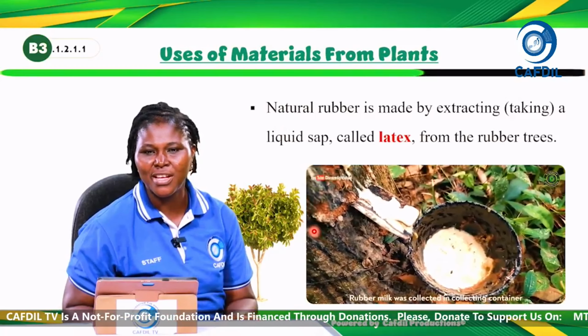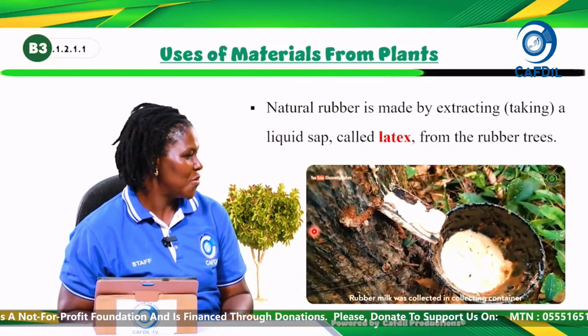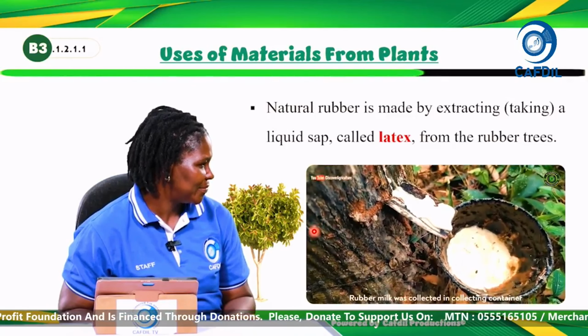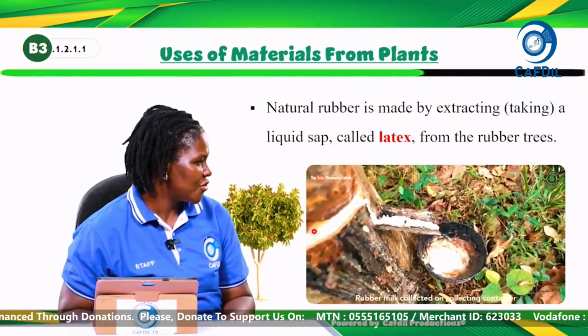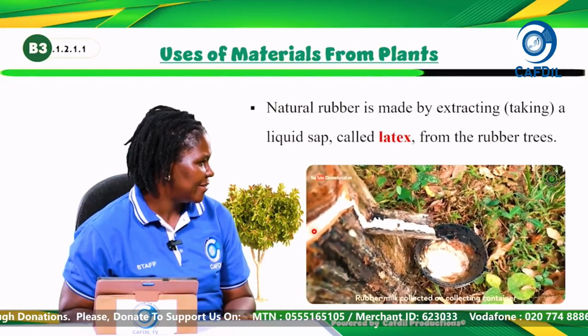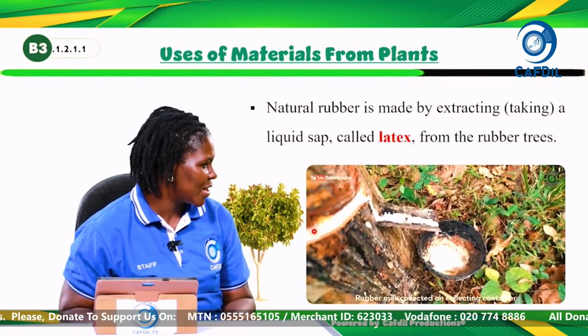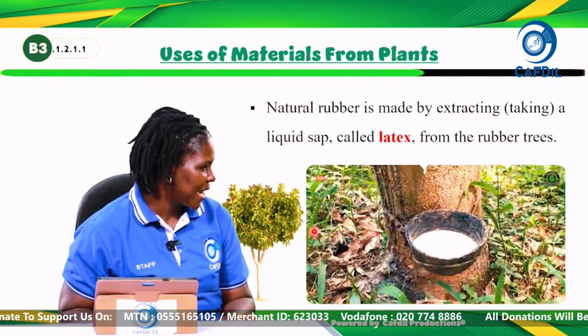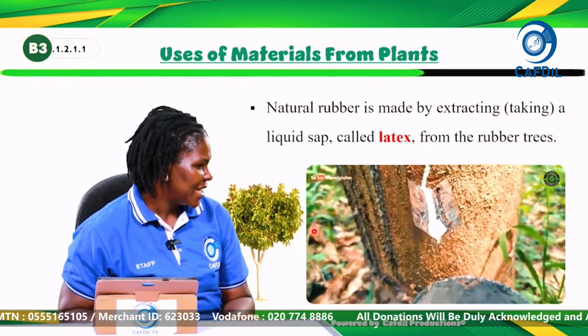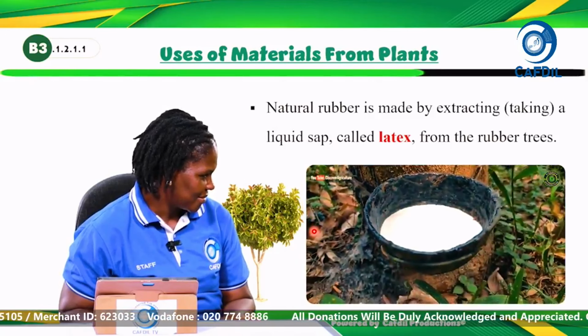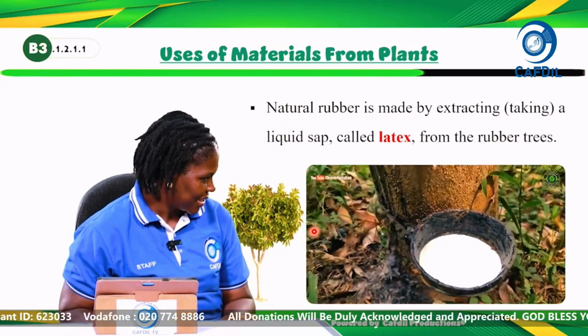Look at this nice video where we get our rubber from. So they will cut the stem of the tree and then the liquid sap will come out. They will put a bucket or a bowl there and the sap will come out. Let's look at it.